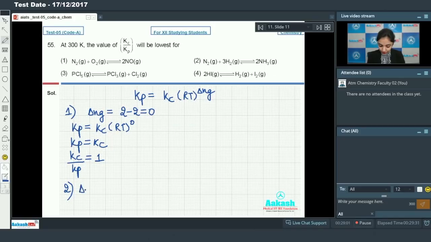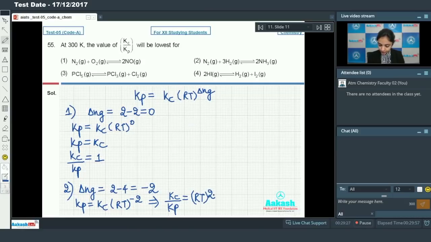You can see here Δng is equal to 2 minus 4, which is equal to minus 2. So here Kp is equal to Kc (RT) to the power minus 2. So we can say that Kc by Kp is equal to (RT)². I hope this is clear to you.